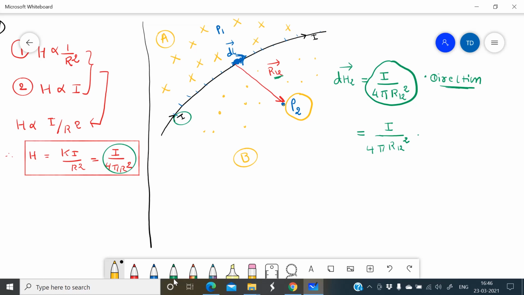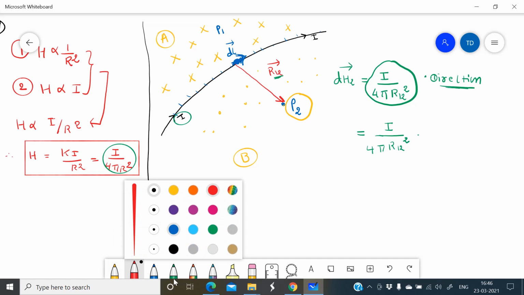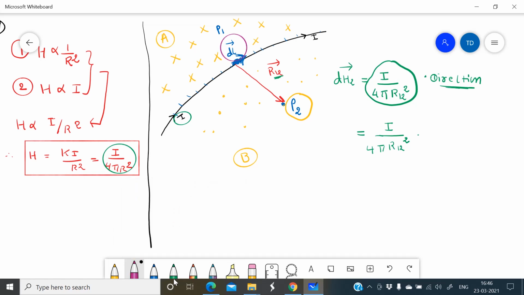Now if you see, there are mainly three vectors. The first is the dl vector, second the r12 vector, and third the dH2 vector, which is inside this point P2. All these three vectors are perpendicular to each other.